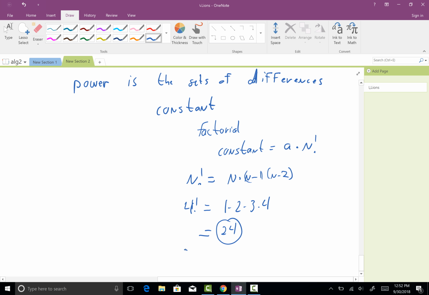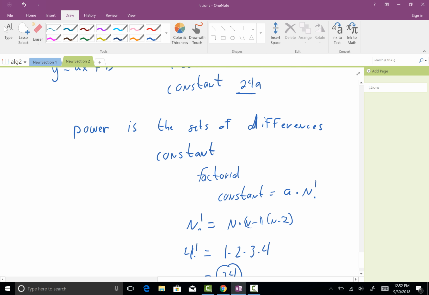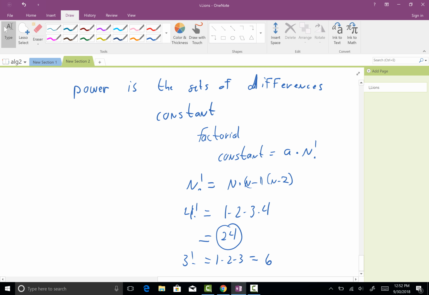Okay? 3 factorial, 1 times 2 times 3, just happened to be 6, which was that. Okay? So, that's how these sets of differences look and work.